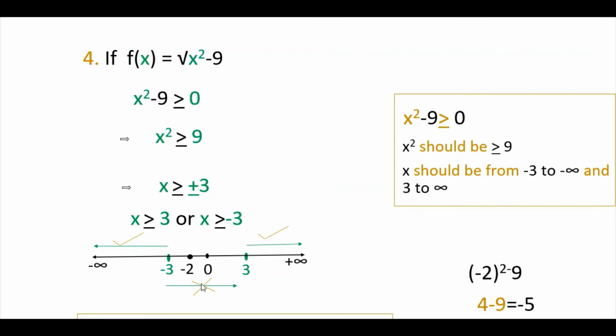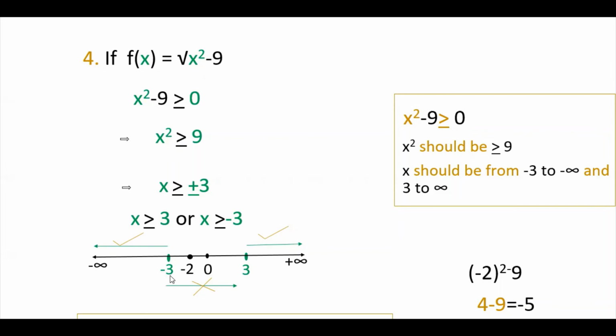But if you observe here, x square minus 9 is greater than or equal to 0. So here you are subtracting 9 from x square. So x square should be greater than or equal to 9. Then only this function is defined. If you check, for example, if you take the number minus 2, because here it is given x is greater than minus 3.